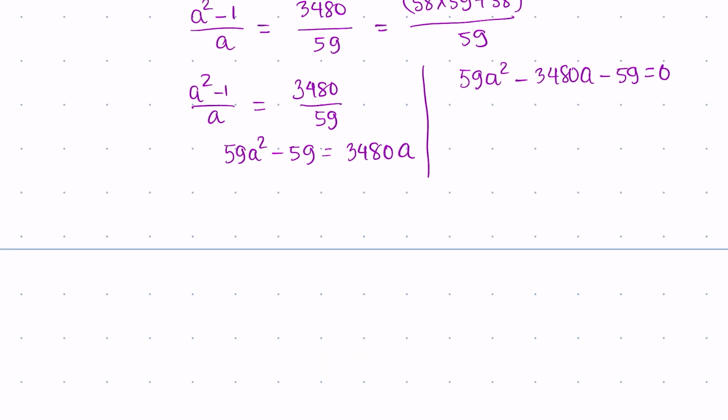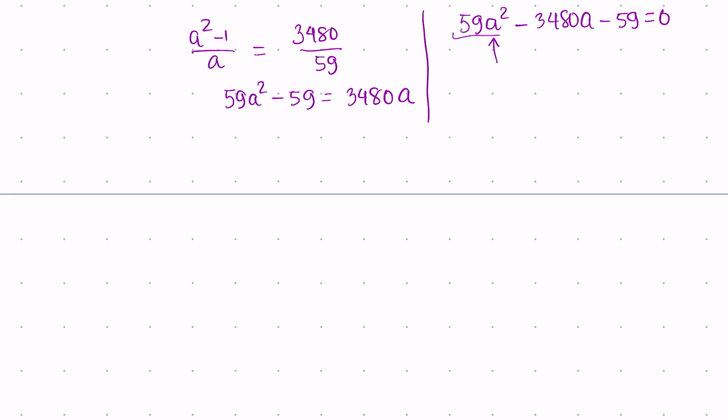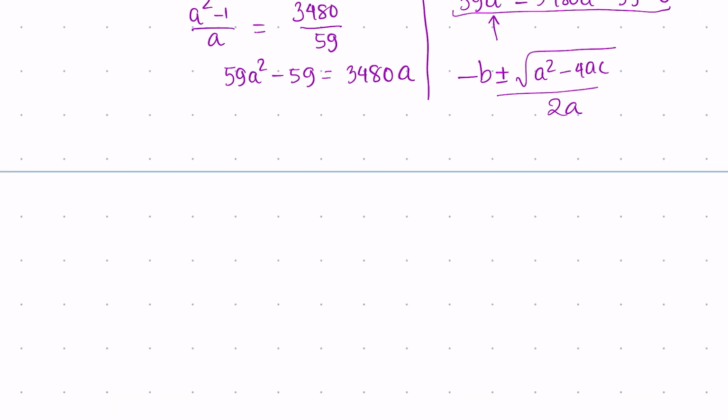So we can use the formula for determining the values of a. So for this quadratic equation, that is of this form, minus b plus minus root b squared minus 4ac divided by 2a. Okay, so the two solutions are minus, what is b? b in this case is minus 3480 plus minus root. What is b squared?